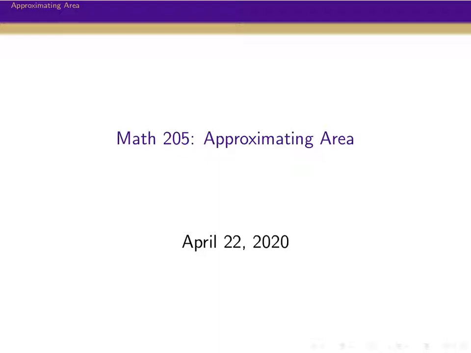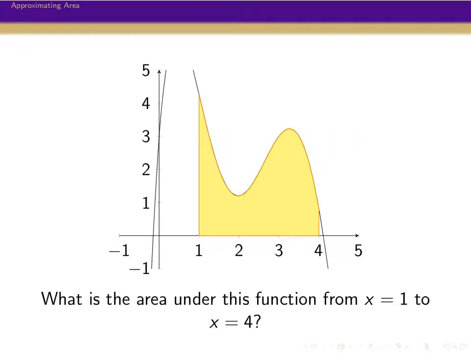In this video we're really going to be changing gears pretty significantly. We're going to start talking about approximating area under curves. So I thought the best way is to just jump in with an example to talk about how we're going to do this. So here's some curve, and our goal is to figure out what the area under this function is between x equals 1 and x equals 4.